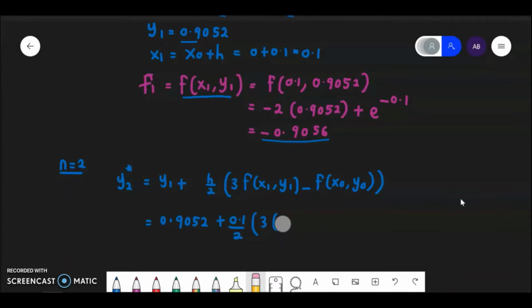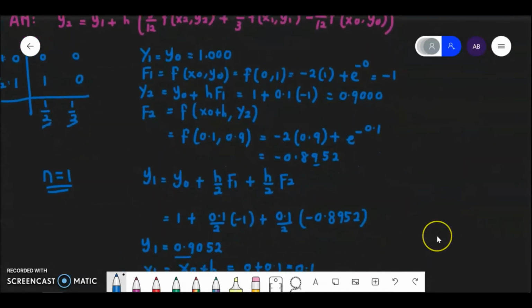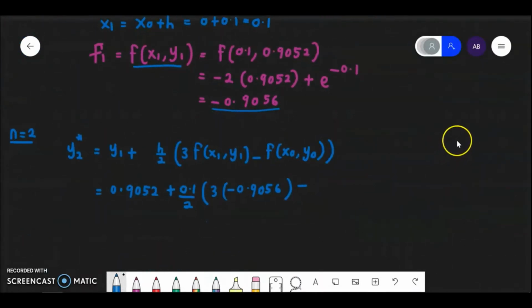Don't forget the negative, else you're going to get the whole equation wrong. Minus f of x naught, y naught, which I've already found earlier, negative 1.